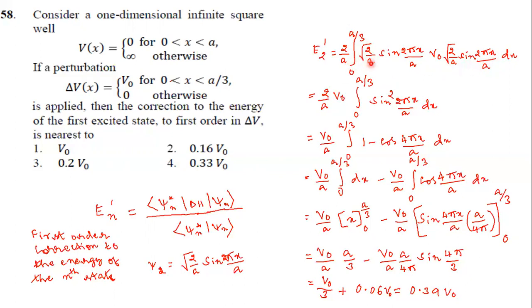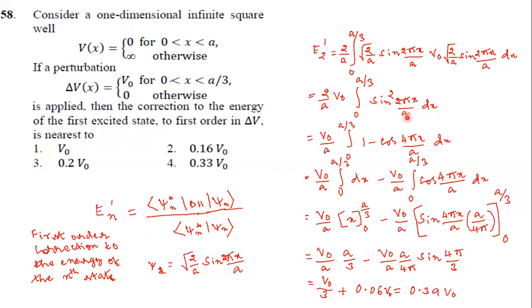Then this root 2 by a, this root 2 by a will come outside of the integration and become 2 by a, and this V naught is also a constant, so it will also come outside of the integration. Then we have integration from 0 to a by 3 of sine square 2 pi x by a dx. If you take this 2 into the integration, it will become 2 sine square theta.